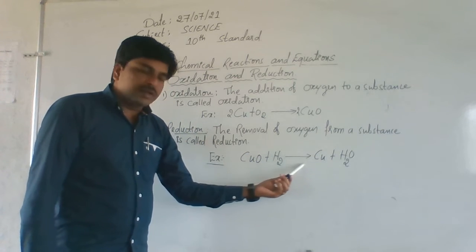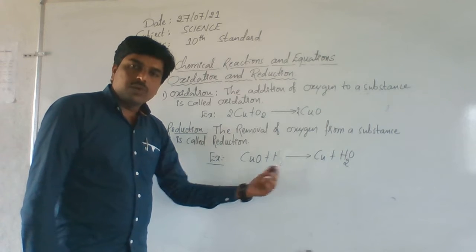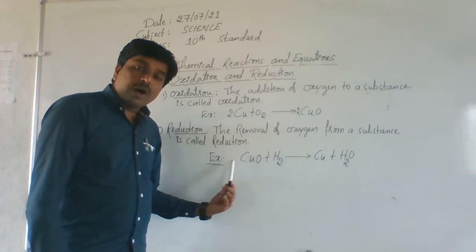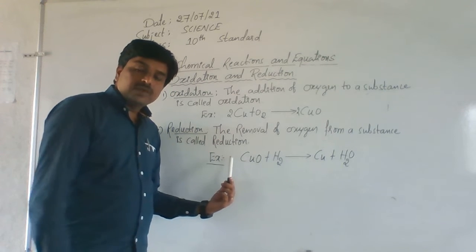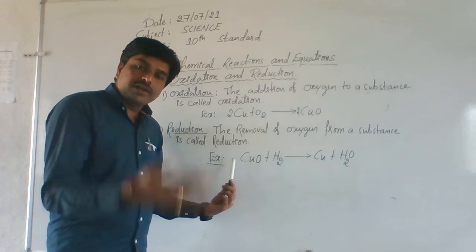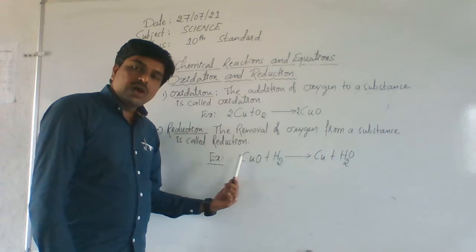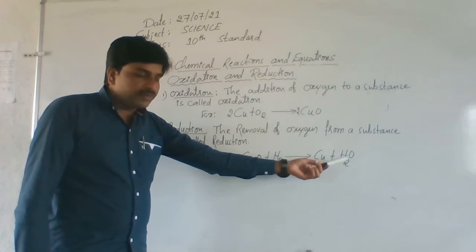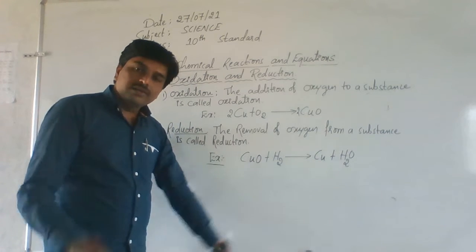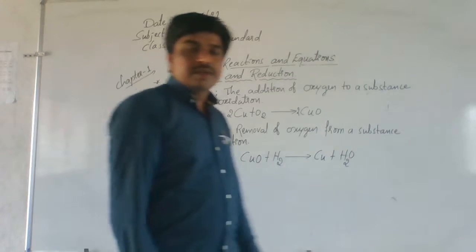And it gets the same brownish color copper. What exactly happened here? Copper oxide gets reduced. Hydrogen removed the oxygen from copper oxide, forming water, and you get the same brownish color copper.